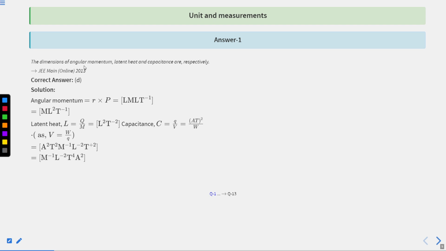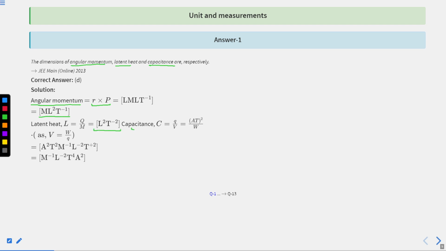The dimensions of angular momentum, latent heat and capacitance can be calculated by this method. Angular momentum is r cross p. Clear? So the dimension of angular momentum is M L^2 T^-1. Whereas latent heat L equals Q by m, so this is the dimension of latent heat.